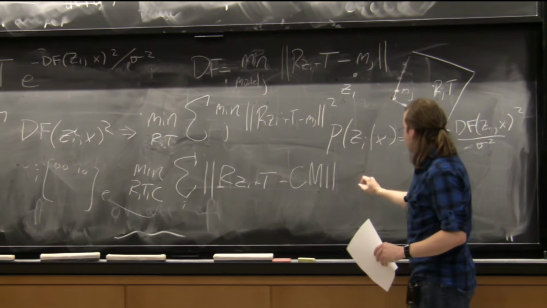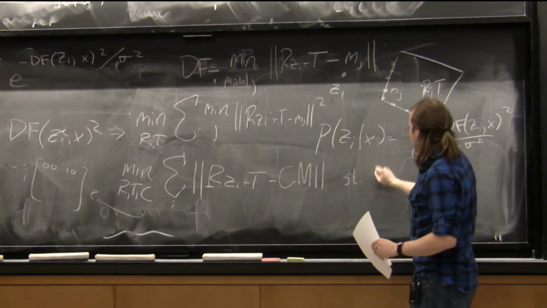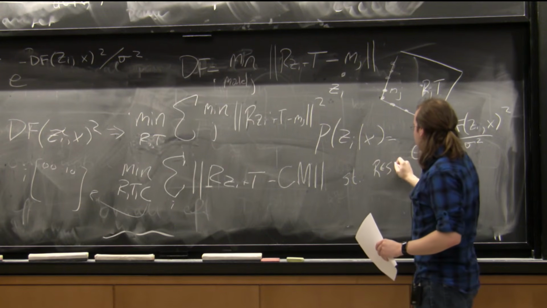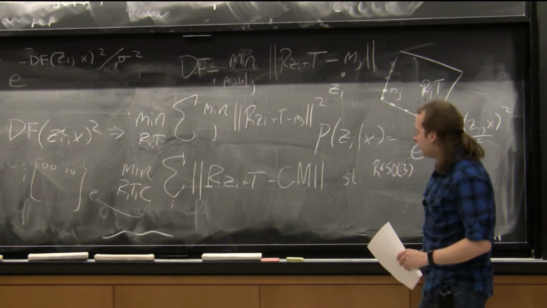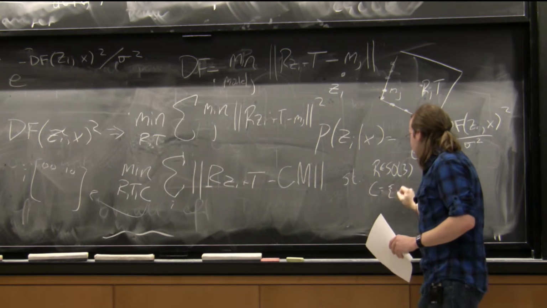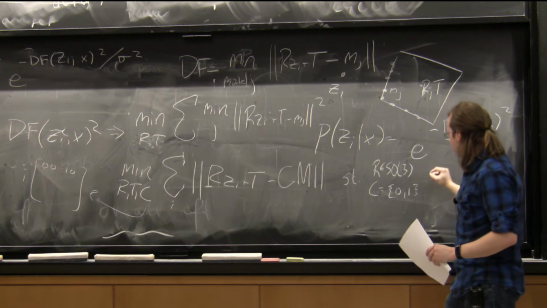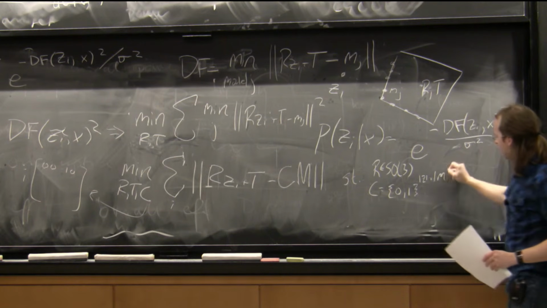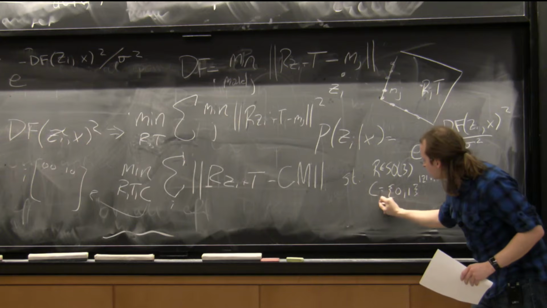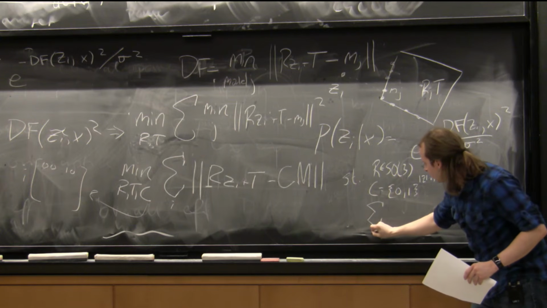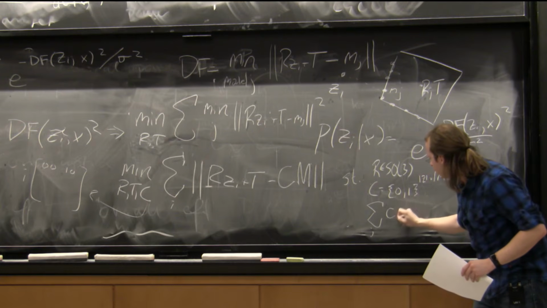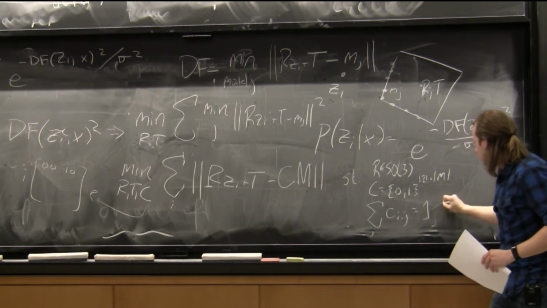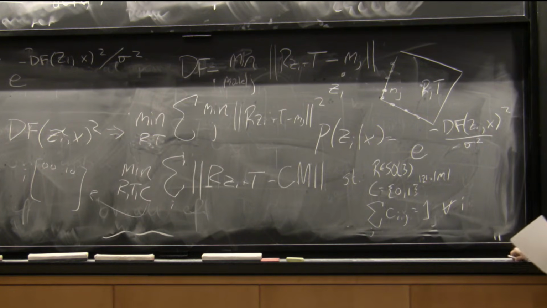And formally, the constraints that this has to have are that R has to be what we expect it to be. R has to be a rotation matrix. C is a matrix of only binary values, of size z times size m. And the rows of C sum to 1. So that's the sum over j of a given row of C, for all scene points.